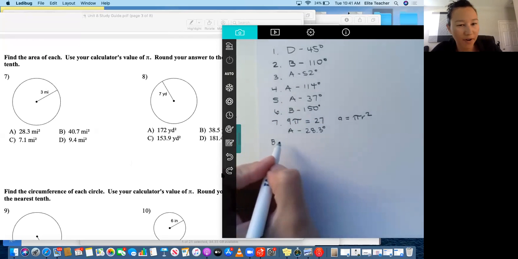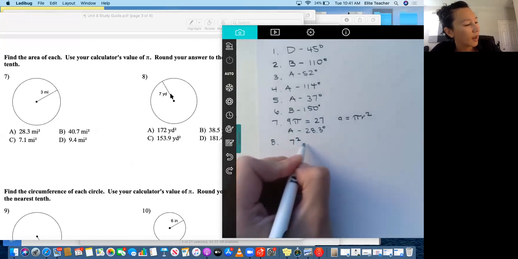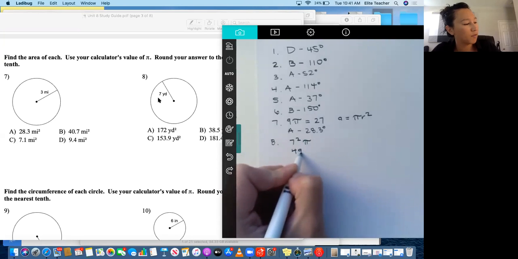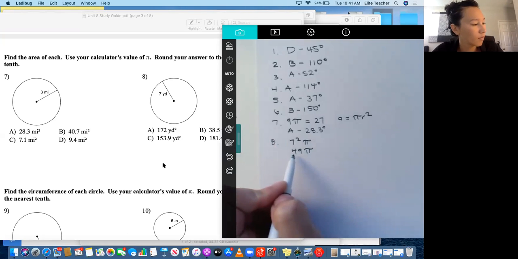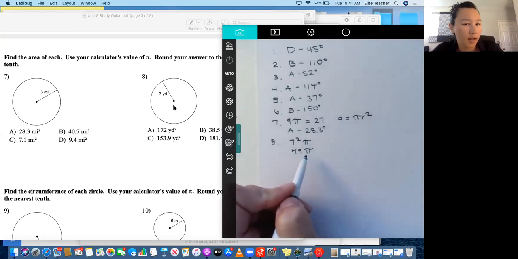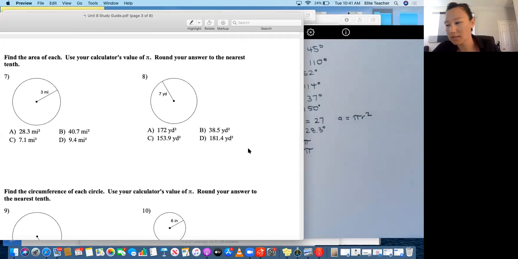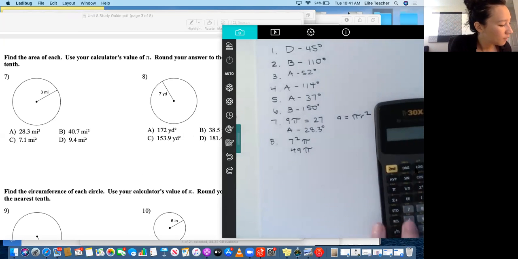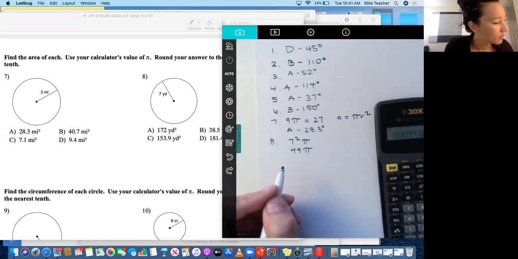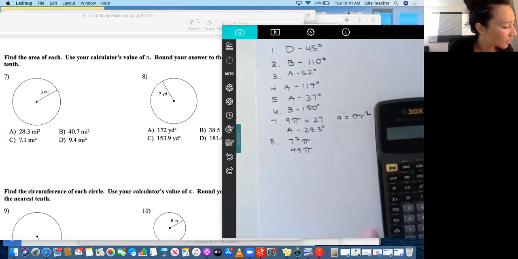And so we'll do the same thing for 8. So we'll do 7 squared, and then we'll multiply that times pi. So this is going to be 49 pi. And then they gave us 2 answers that are kind of close, 172 and 181. So let's just use our calculator just to be sure. So we have 49 times pi.